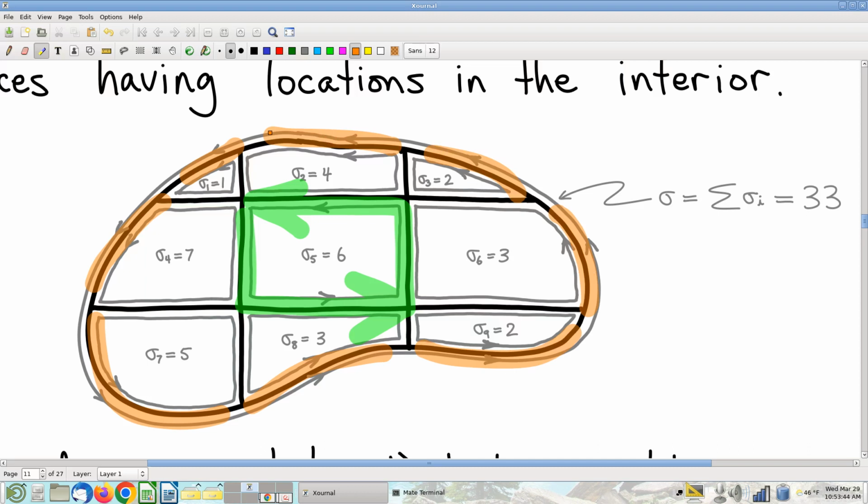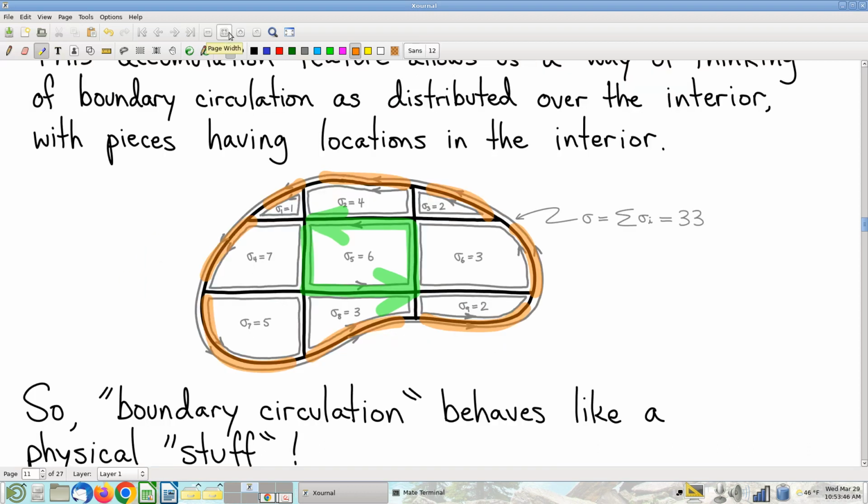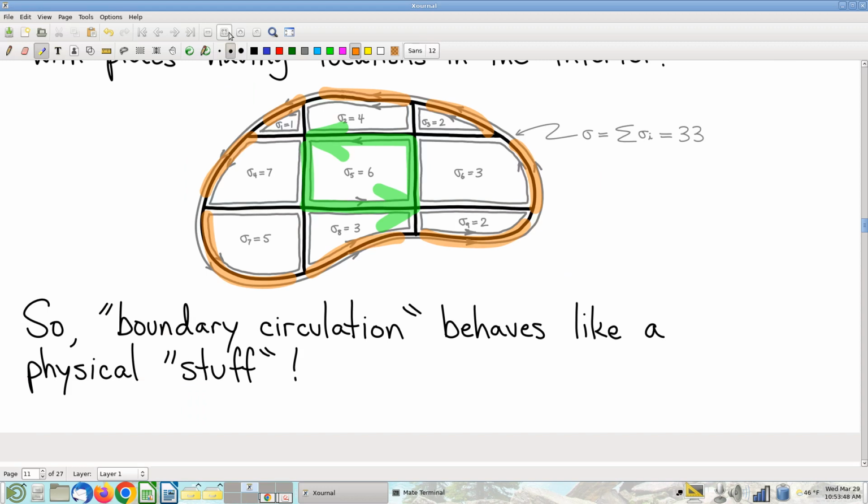So what I'm trying to develop in y'all's minds here is this idea, that even though it doesn't look like it, boundary circulation, you should think of it as being kind of like mass. Think of it as a stuff. Think of it as being physical. It isn't, but it behaves like it is.